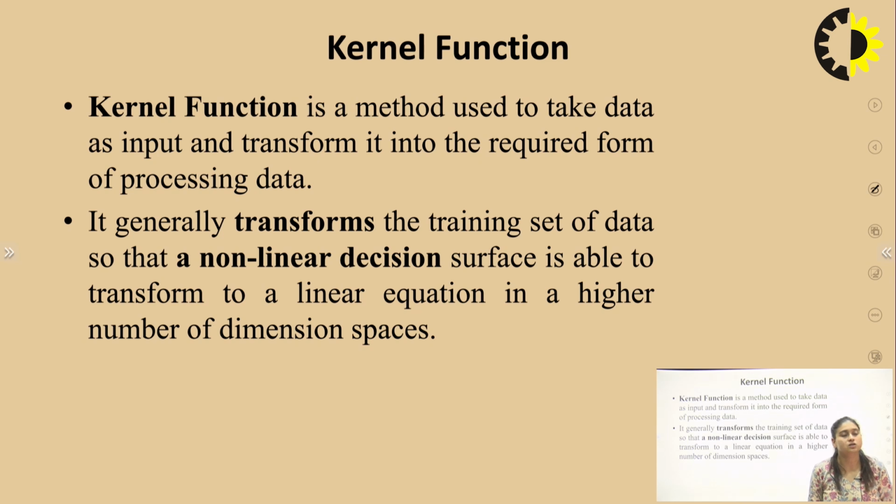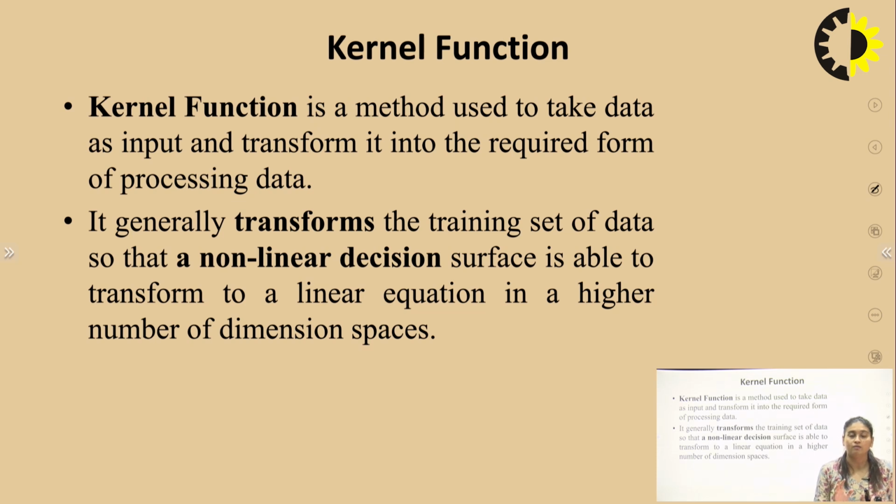Next is the kernel function. It is a very important terminology in this algorithm. The main aim of the kernel is that it transforms the training set of data so that a non-linear decision boundary can be transformed to a linear equation.